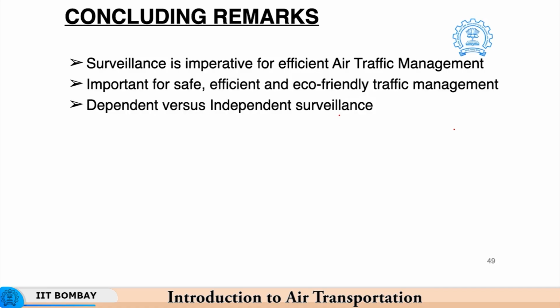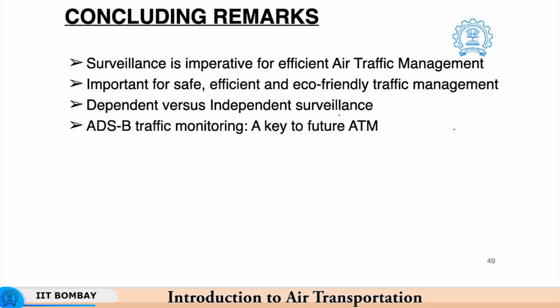Then we tried to understand the different types of surveillance systems, that is dependent and independent surveillance systems, and how a more advanced dependent surveillance system, that is ADS-B, is being implemented by the air traffic services to carry out surveillance, and also how ADS-B is actually a key to future air traffic management.